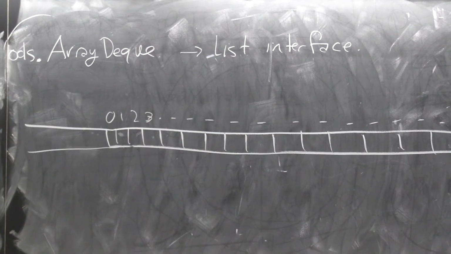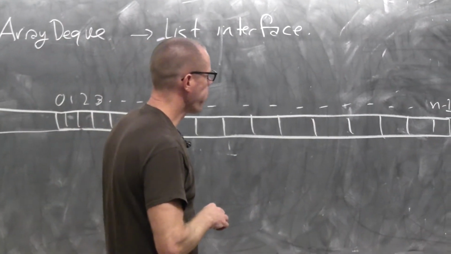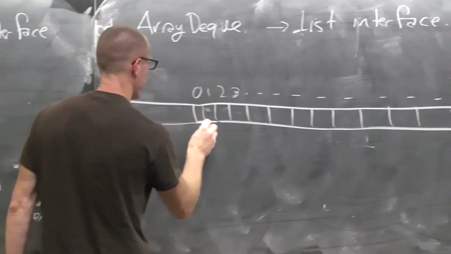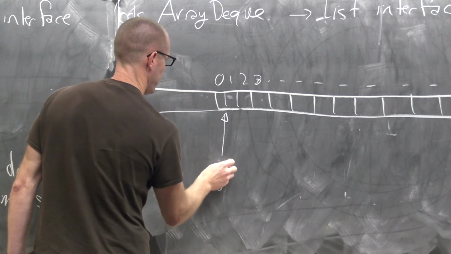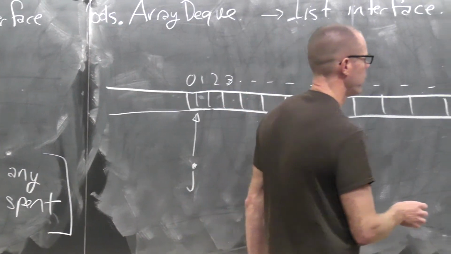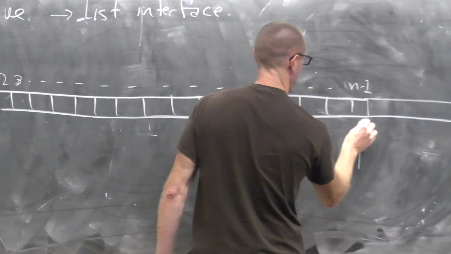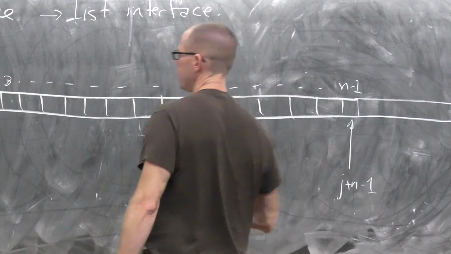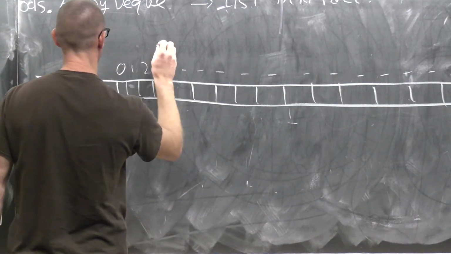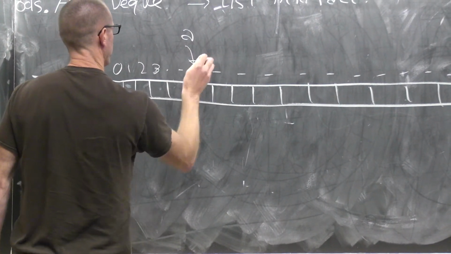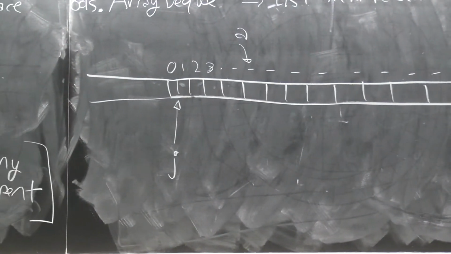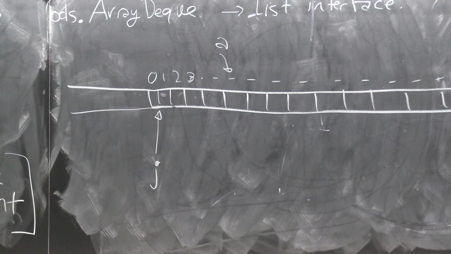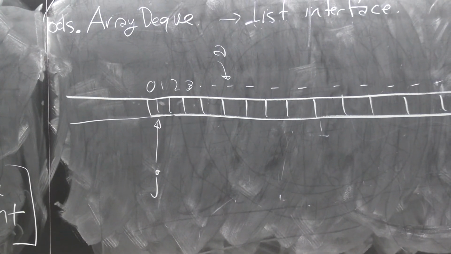Okay. So in an array deck, you have J, J plus n minus 1. This is the array A. So it's the same kind of layout that we just discussed.